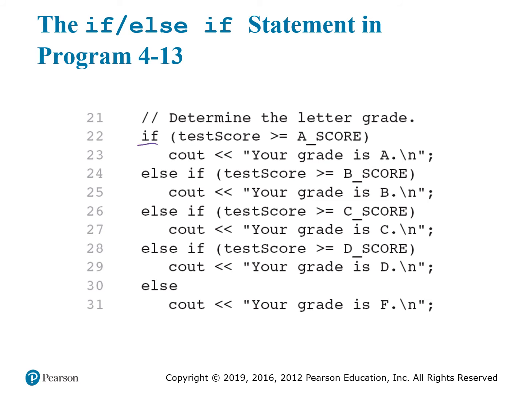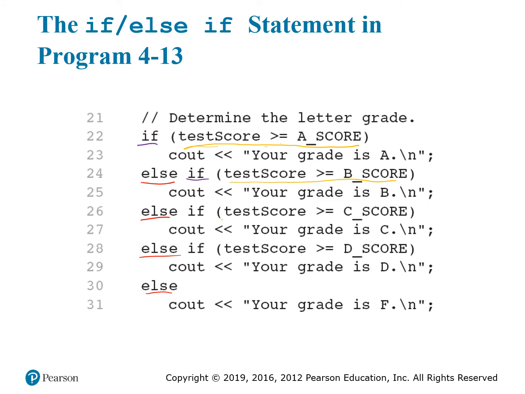If your test score is above the A threshold, then we tell the user that it's an A. Else, if test score is B, we tell them it's a B. Else, and so on. And if they didn't match A, B, C, or D, then the final else is that your grade is an F.